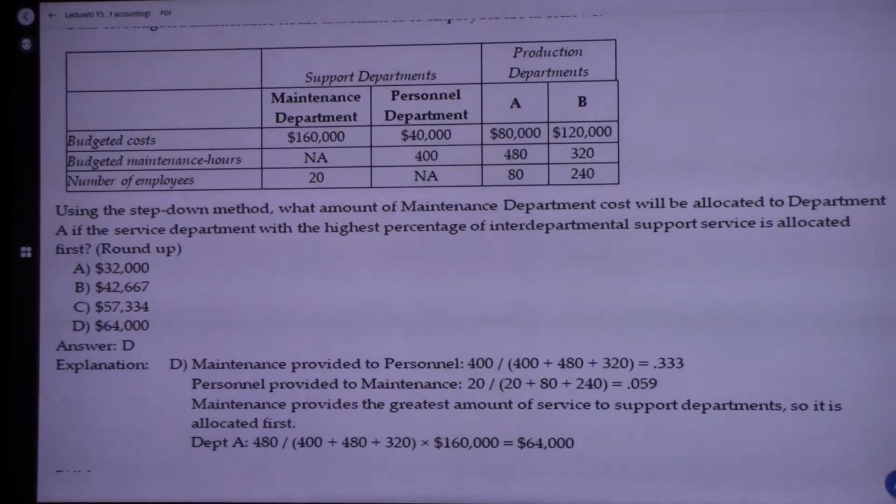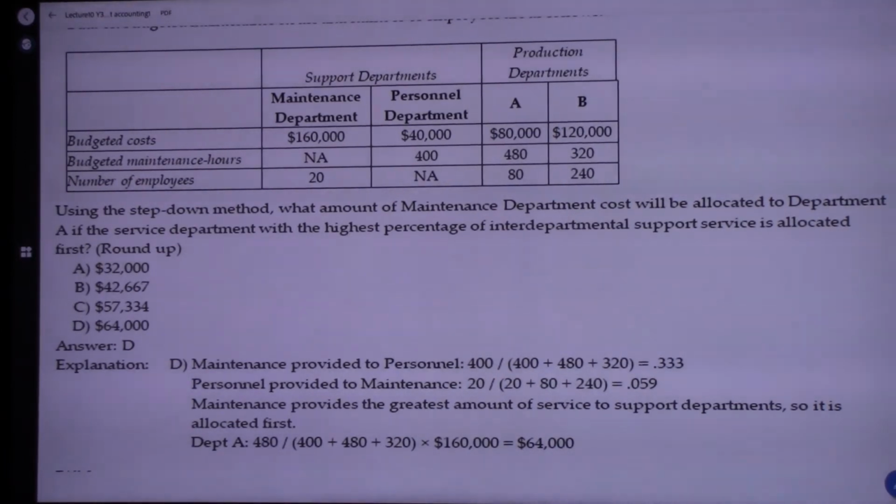The number of employees allocated from the personnel department to the maintenance department is 20 employees. I need to calculate the percentage, so I'm going to divide the amount allocated to the maintenance department, which is 20 employees, by the total amount allocated.